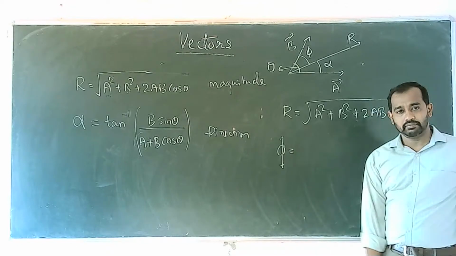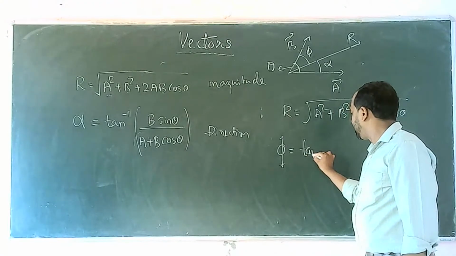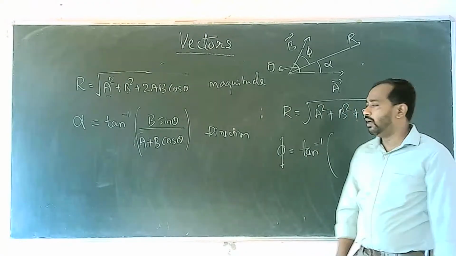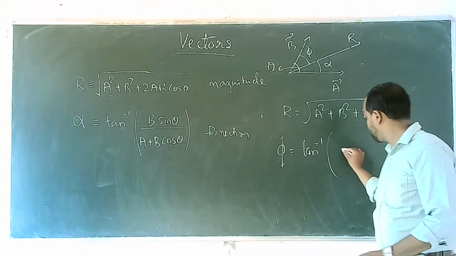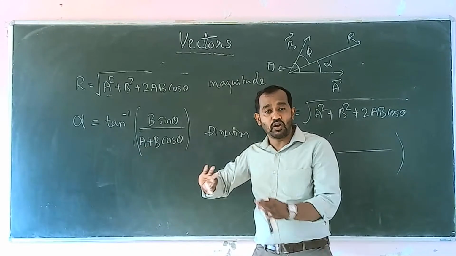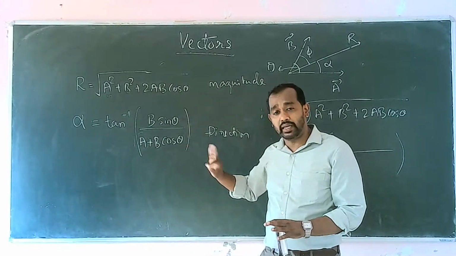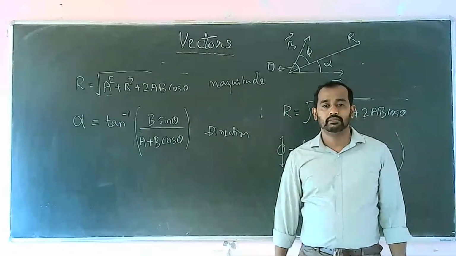Then what should be the value of phi? Again the same thing, tan inverse. Everything else will be the same, but we have to make necessary changes. Here, in this place, which is not connected with any trigonometric function, sin theta or cos theta, that is the reference vector.